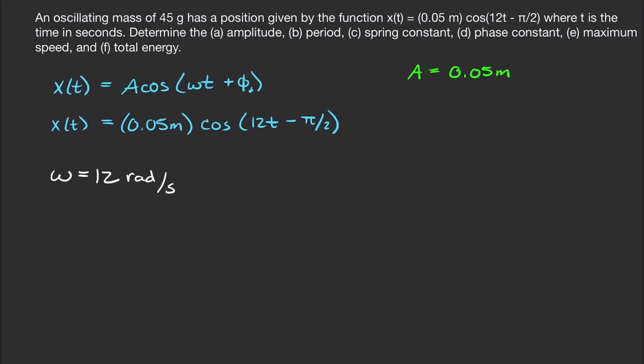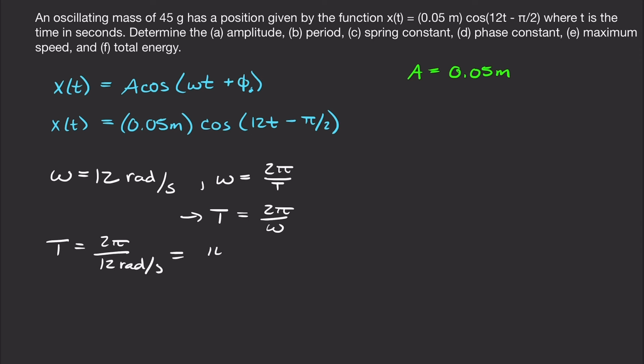Our formula for omega in terms of the period is 2 pi divided by T, so if we want to solve for T, the period is 2 pi divided by omega, or 2 pi divided by 12 radians per second. And that gives us pi over 6 seconds, or 0.52 seconds. So I'll write that over here. Pi over 6 seconds, or 0.52 seconds.